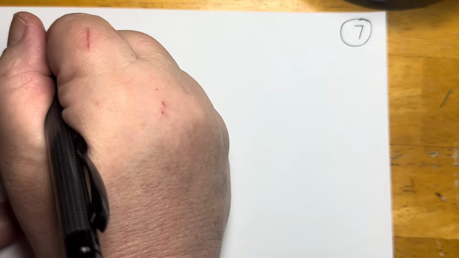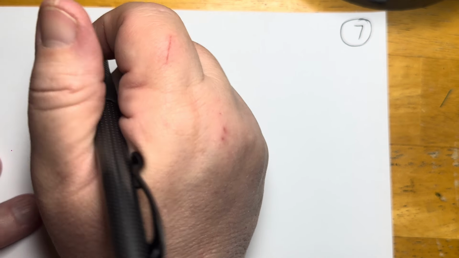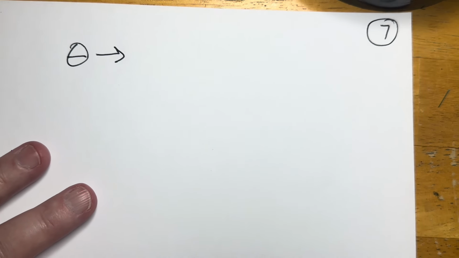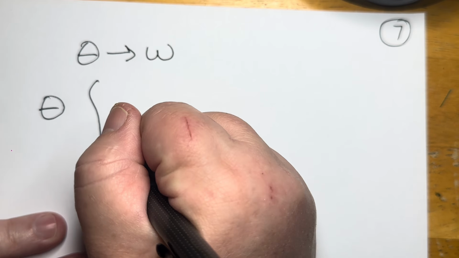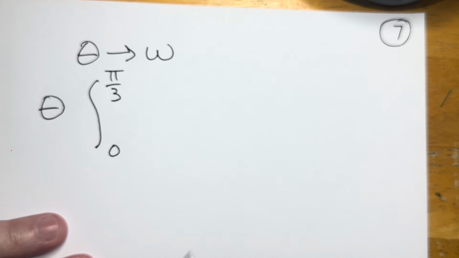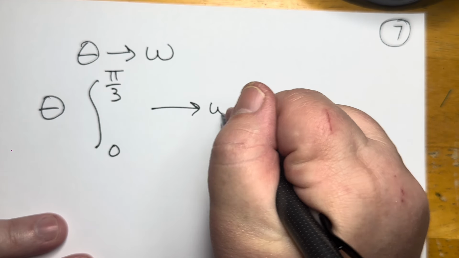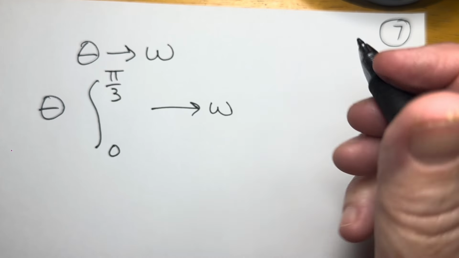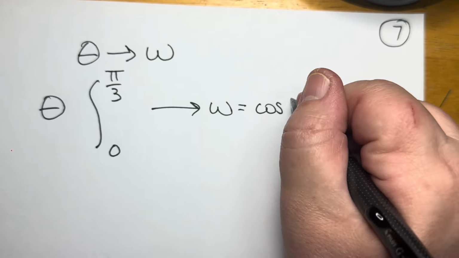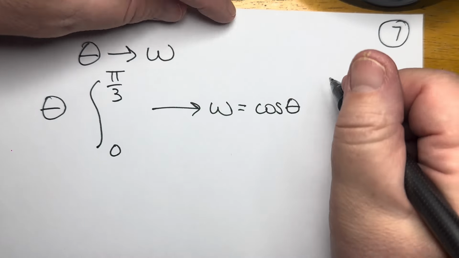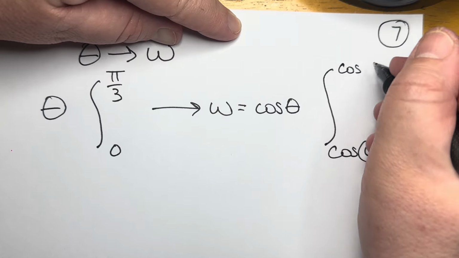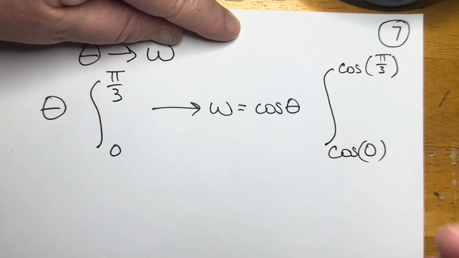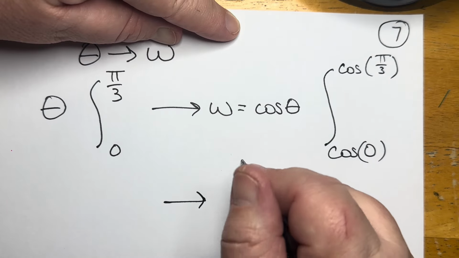This is page 7. So we want to now go from theta finally to w. And in theta, I just told you I had 0 to pi over 3. And in our conversion to w was the cosine of whatever theta was. So we're going to have cosine of 0 and cosine of pi over 3.